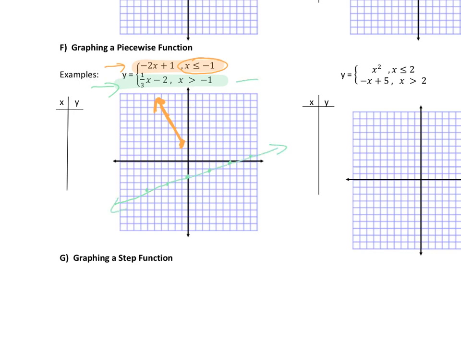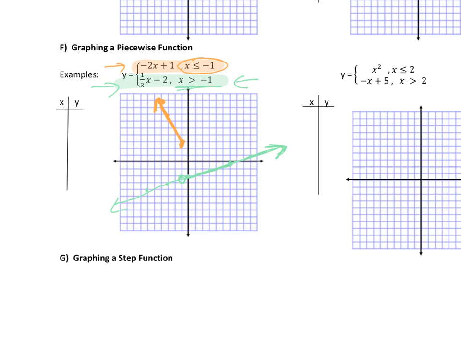And then I need to think about what this constraint is telling me. It's saying we want x values that are greater than negative 1. So that's from this point right here and all the way over in this direction.